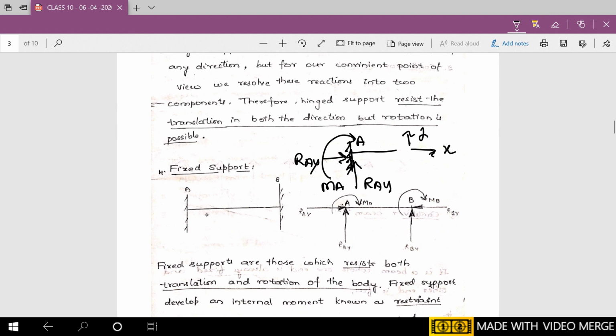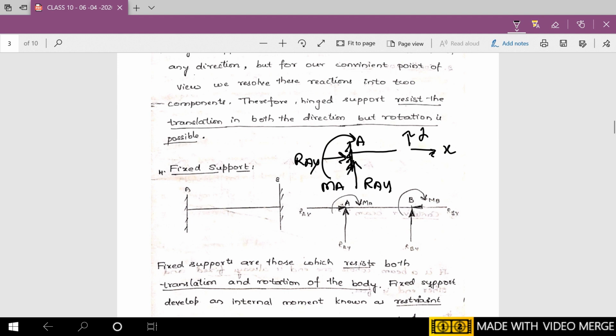See here in the figure, it is given with the beam AB, which is supported on either side by a fixed support. So you have one fixed support here. Since this is a fixed support, three reactions are there. So RAY, RAX, and a moment MA is given.